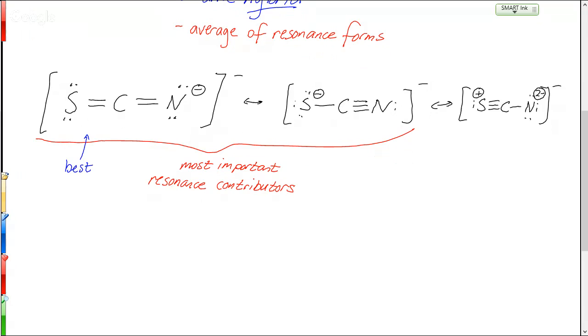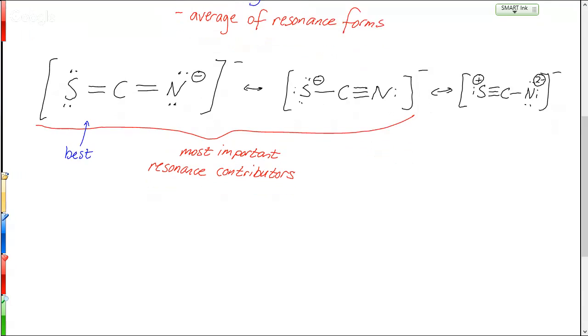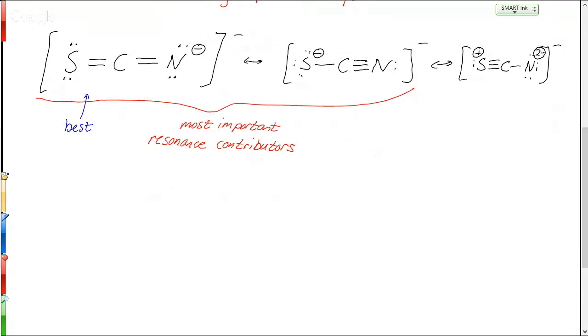Now, how do you check something like this? Well, you check it experimentally by bond lengths. So if I look at standard basic bond lengths, estimated bond lengths in picometers, a sulfur-carbon single bond is 181 picometers.